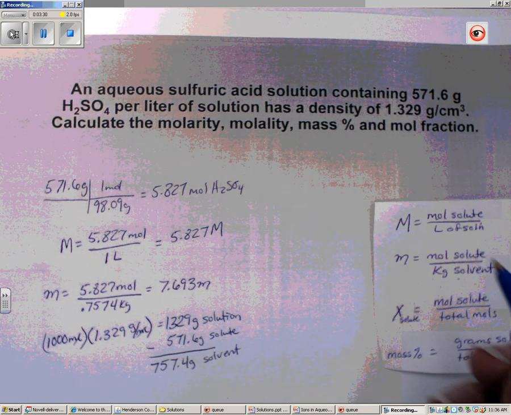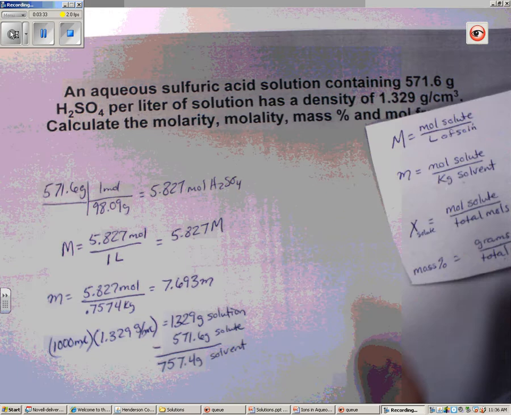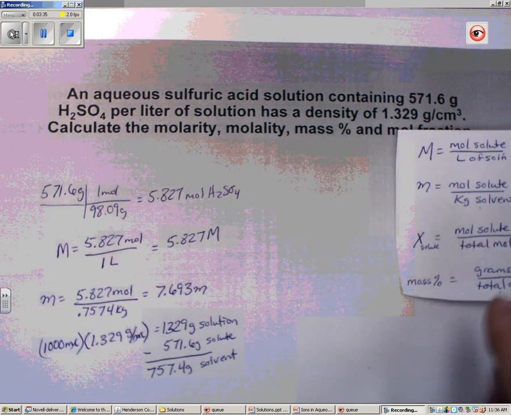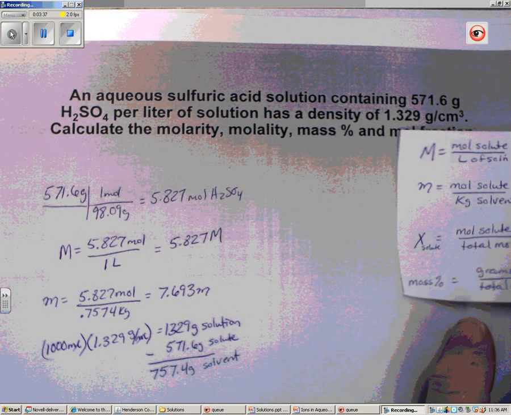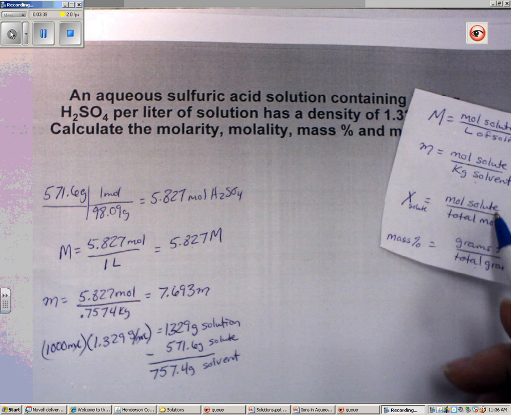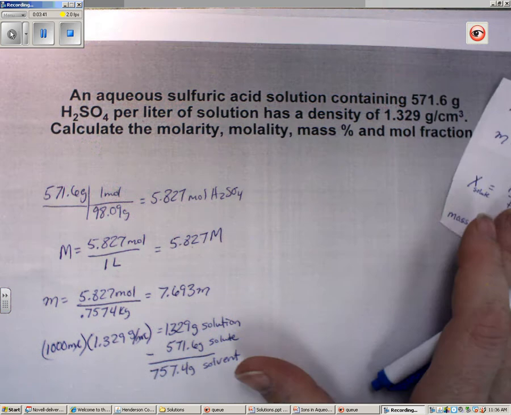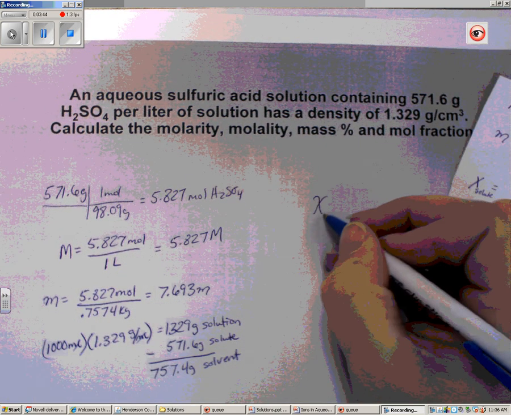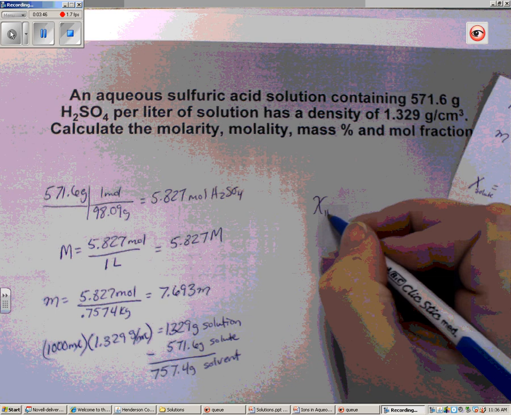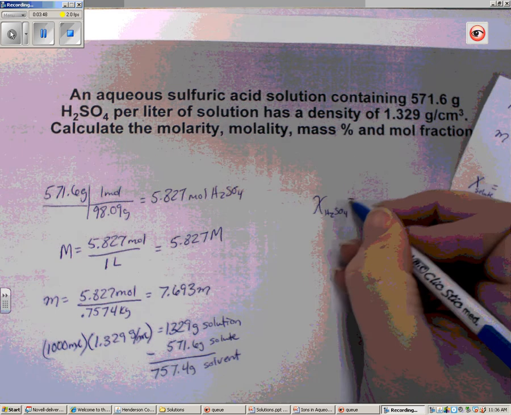On to mole fraction. I'll just pick that up over here. Mole fraction is moles of solute, which we have, over total moles. And we're going to do the mole fraction of H2SO4, usually specify which one you have.